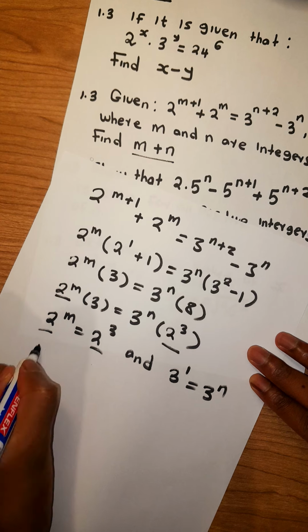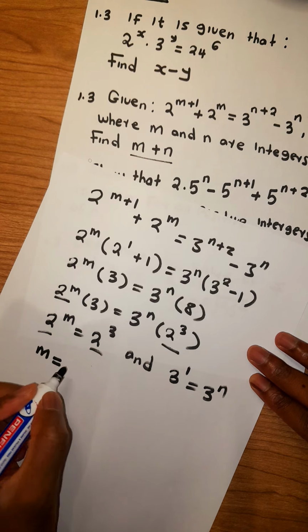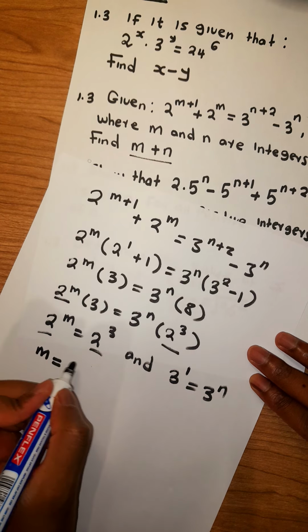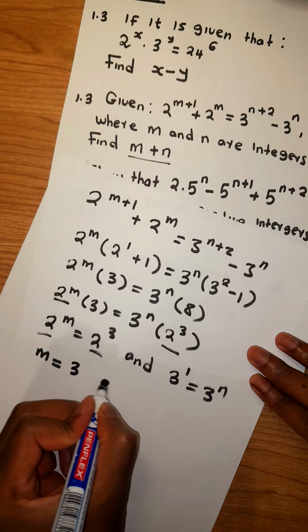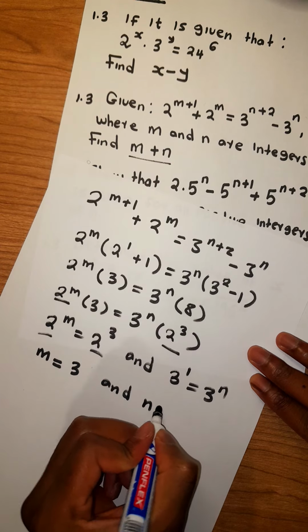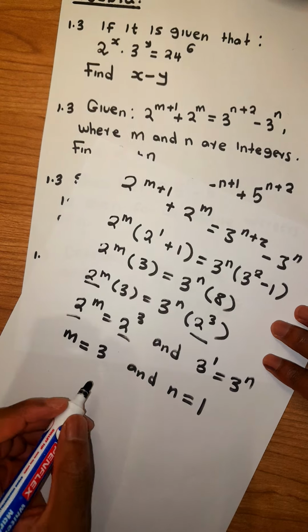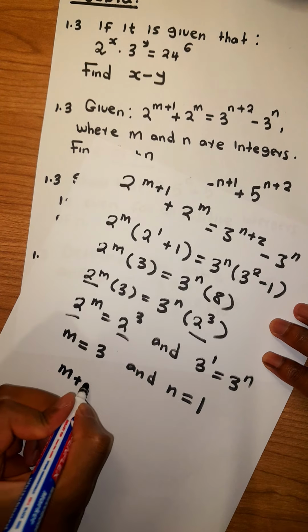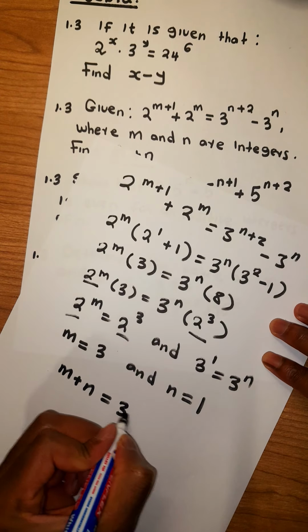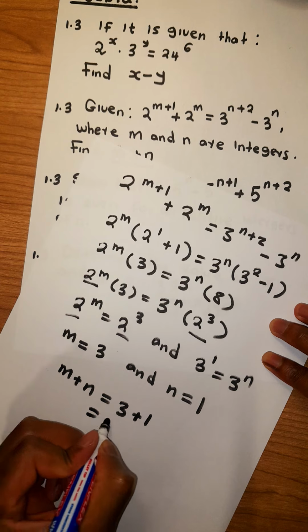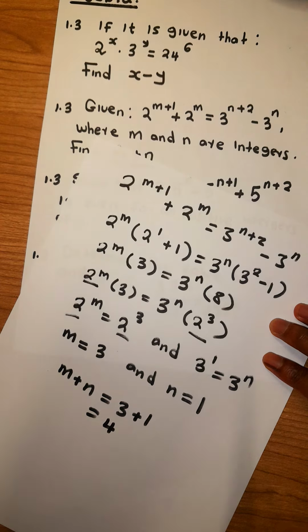So I know that my m is definitely going to be 3, and my n is definitely going to be 1. So they want us to find m plus n. So m plus n is just going to be 3 plus 1, and that's just going to give us the value of 4.